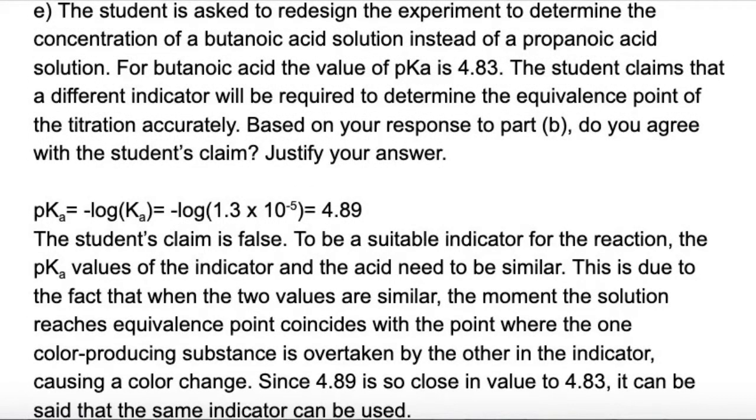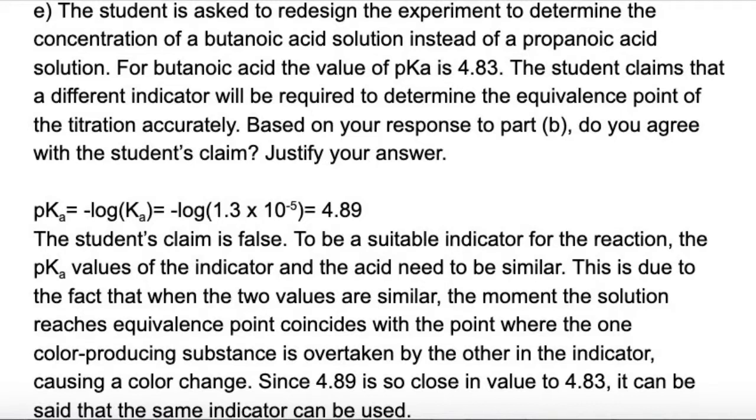Ultimately, it can be said that the student's claim, which was that a different indicator will be needed for the reaction, is false. And this is because to be a suitable indicator for the reaction, the pKa values of the indicator and the acid need to be pretty similar.